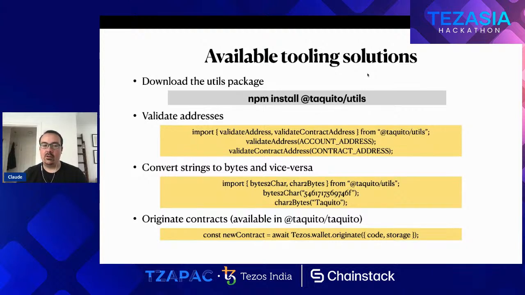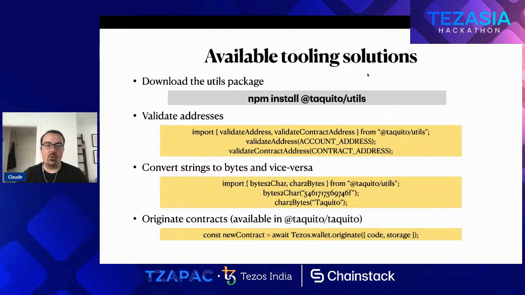And you can do that using, for example, the validate address method provided by Taquito, or the validate contract address. The validate address is just going to make sure that the address that you give as a parameter is a valid implicit account address, and the validate contract address is going to make sure that the address is a valid contract address.